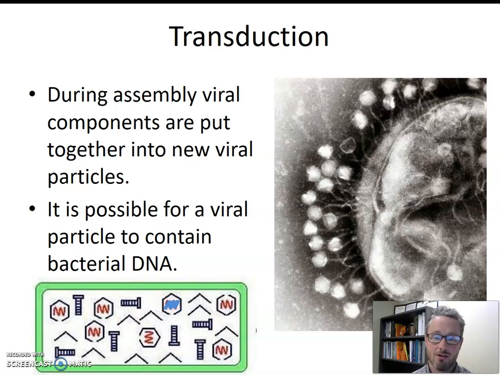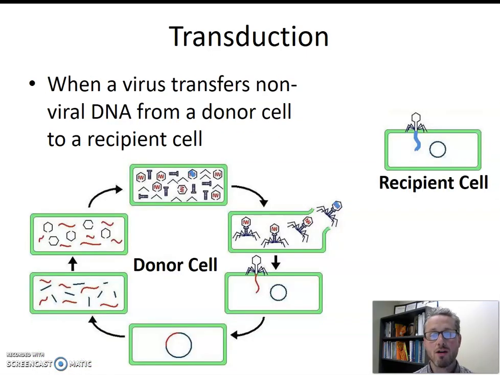So if we return to our diagram, any form of horizontal gene transfer always has a donor cell. In this case, the donor cell is this cell that is being killed by this virus when it reproduces in it. The recipient cell is this cell over here that is receiving some bacterial DNA in this viral particle.